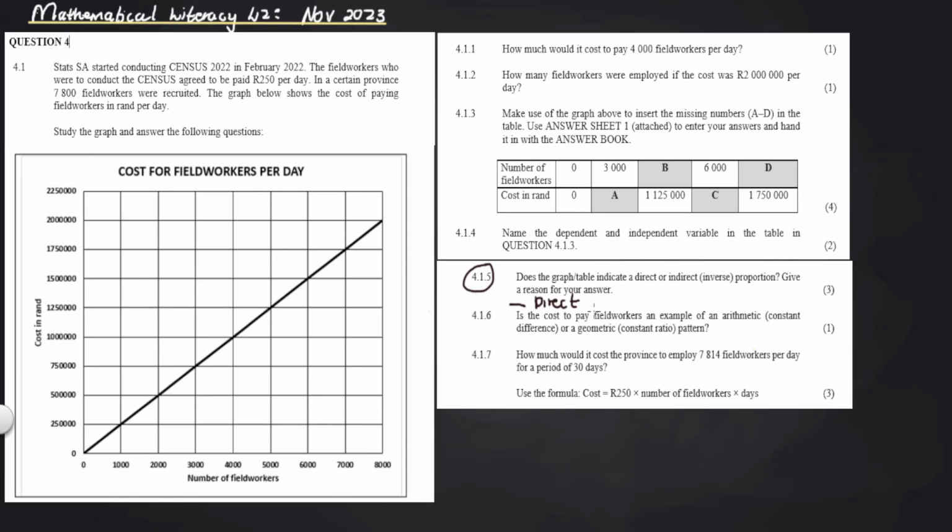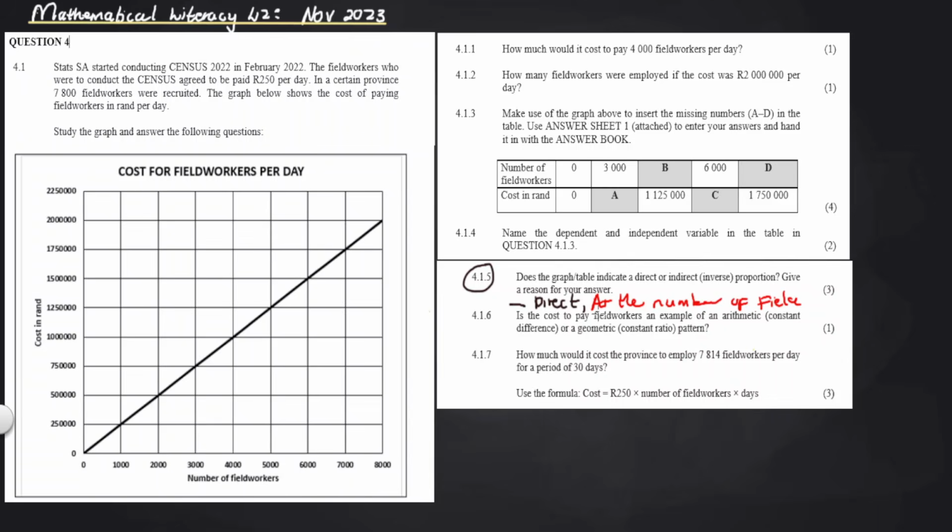Now, you can see that in a direct relation, as one quantity increases, the other quantity will also increase. Now we can give a reason like this: because as the number of field workers, the independent variable, increases, so does the dependent variable.